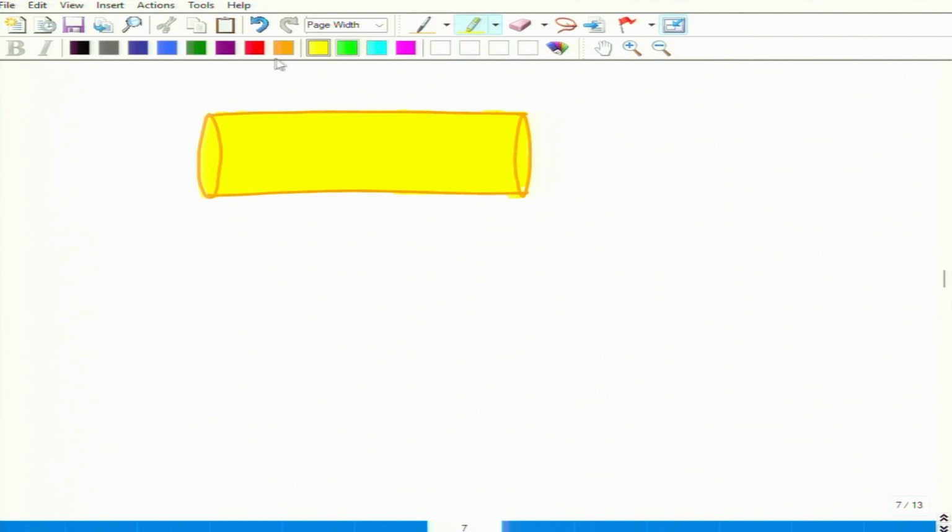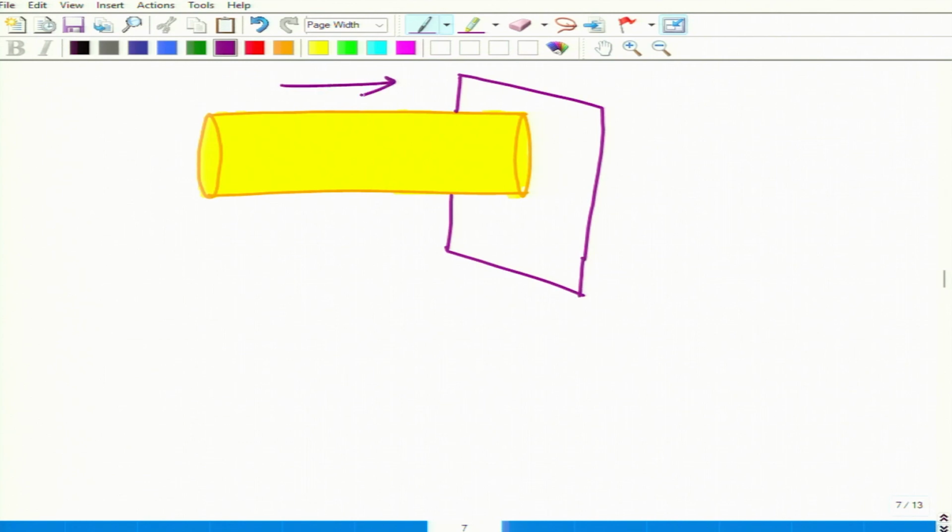We are considering a plane perpendicular to the direction of propagation, and let me consider any point P here.